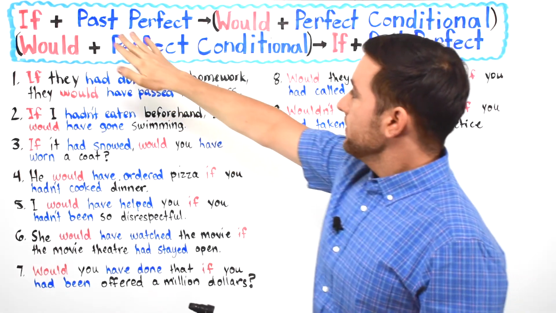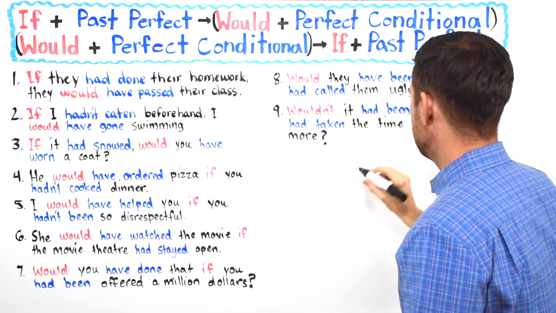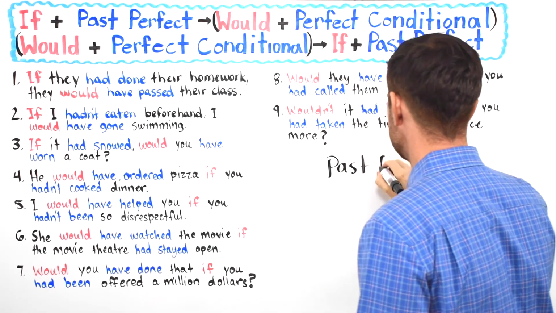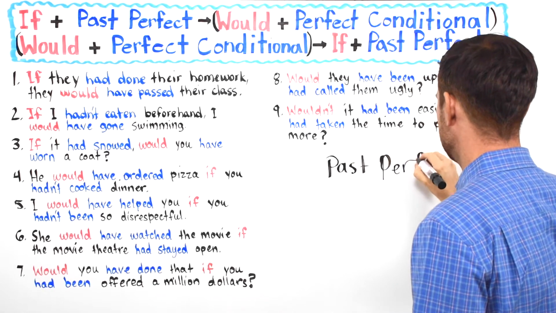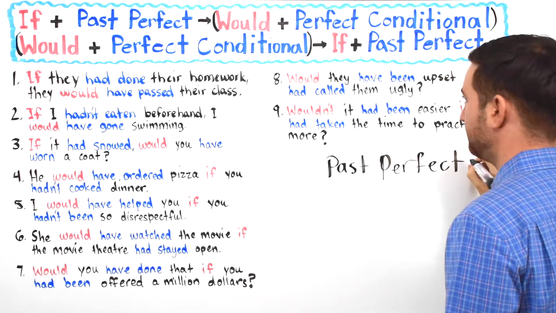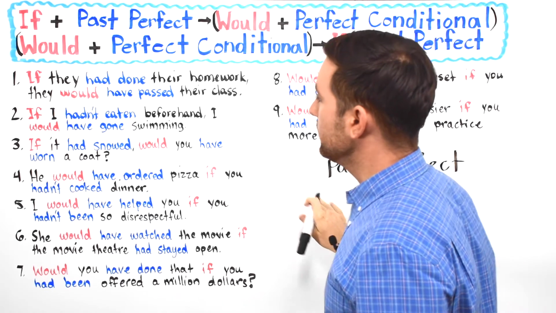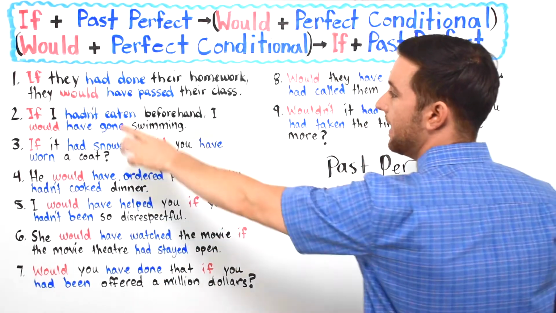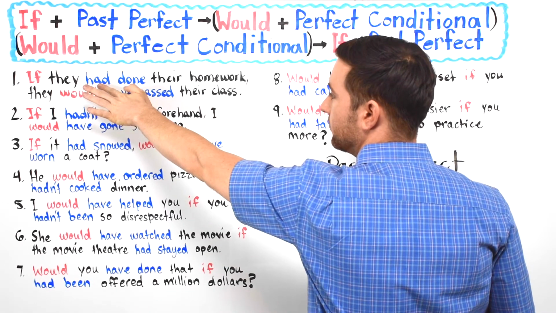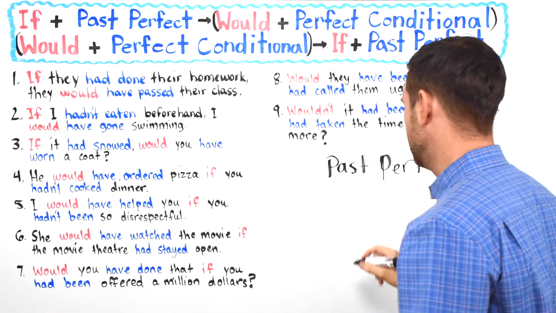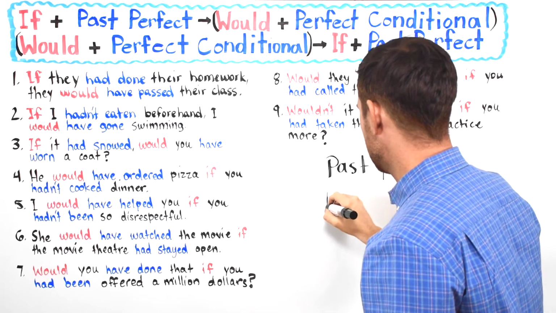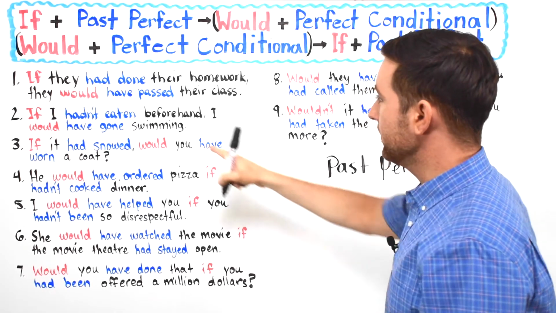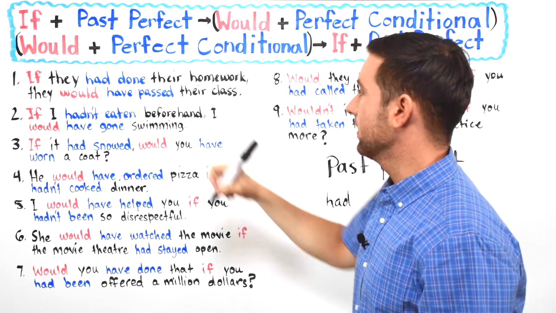Well, first, why don't we talk about the past perfect, okay? So when you have the past perfect, it's kind of like when you have had done. You know that had comes from the verb to have, right? So you start off with had, okay? And then you put the past form of a verb.